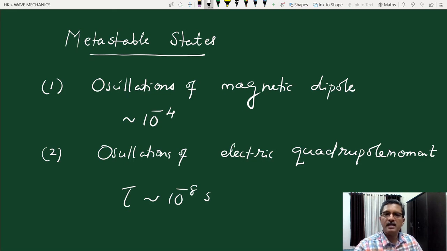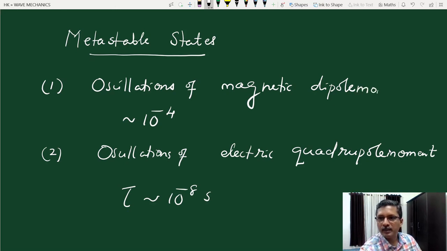Now such states are called metastable states. So metastable states are atomic excited states having a lifetime significantly longer than 10 raised to minus 8 seconds. The reason is that in such metastable states, the radiative transition is not due to the oscillations of electric dipole moment, but one of these processes, maybe both, oscillations of magnetic dipole moment or oscillations of electric quadrupole moment.